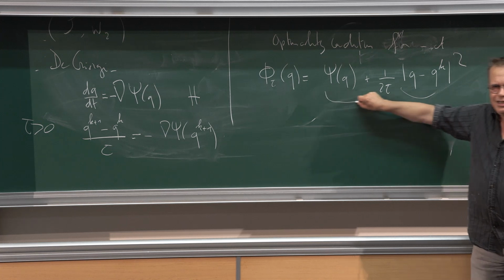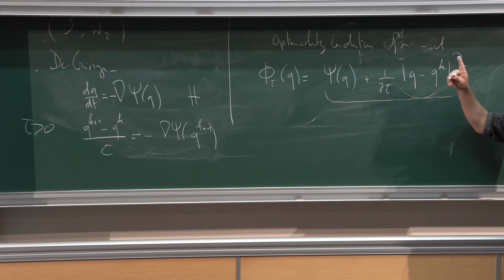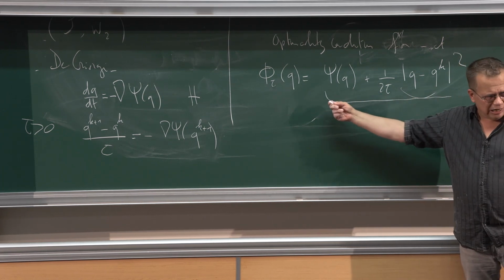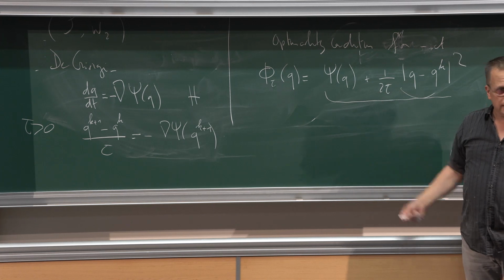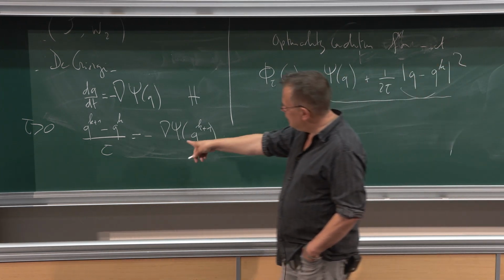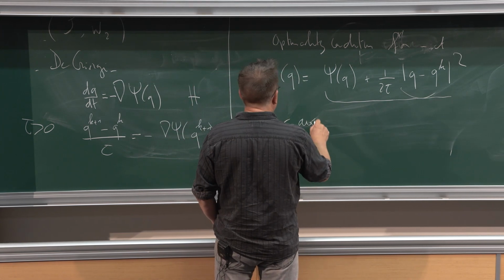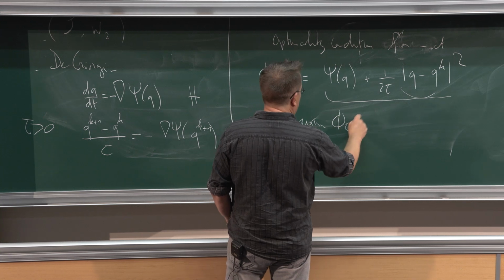So this is typically a strictly convex function. Also, it's coercive: it goes to infinity when q in norm goes to infinity. So it generally has a minimum, and it is unique. So under quite general assumptions, this scheme can be written as q minimizes phi tau of q.